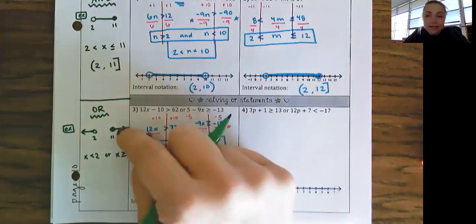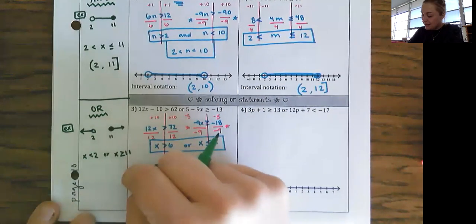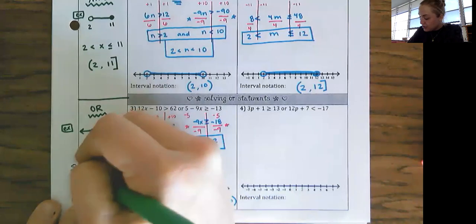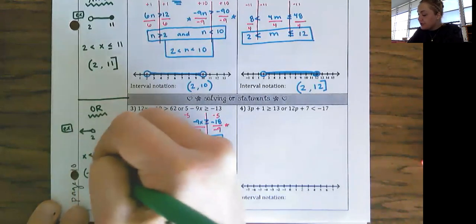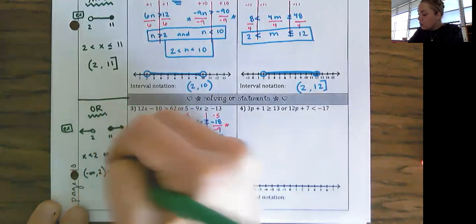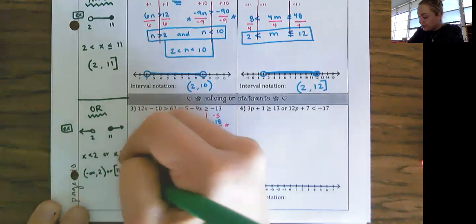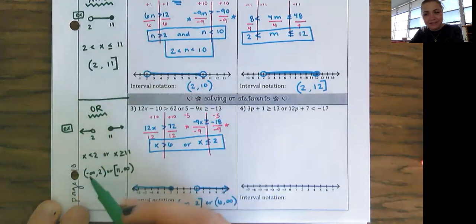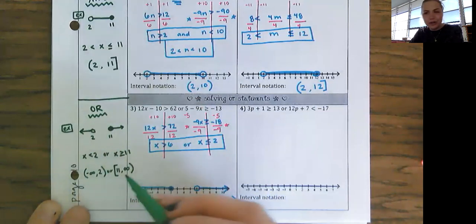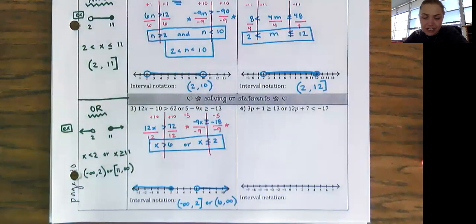So this graph would match up with this inequality and then with this interval notation. Negative infinity because the arrow goes toward the left, comma 2, open parenthesis, or 11 with a closed parenthesis to positive infinity. Remember, you can never have positive infinity on the left side of an interval. It always goes toward the right, which is why it looks just like the graph when you line the two up next to each other.